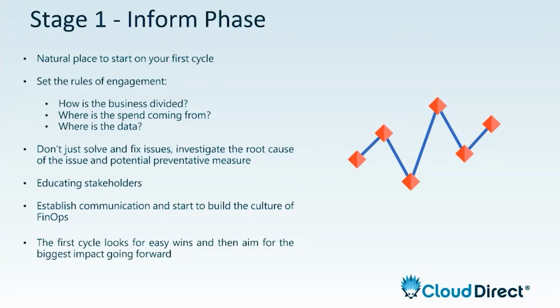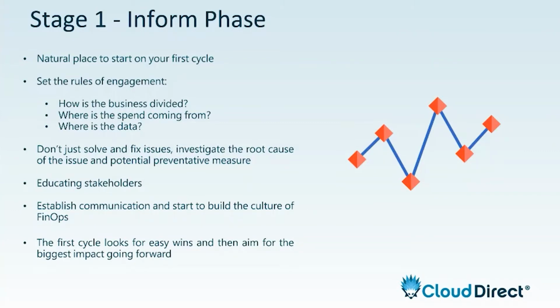One point that is often misunderstood in the inform phase is that it's not just looking at the data and analysing it, as to be honest, that is probably more of an accounting process than a FinOps process. What we need to do is really drive back, and it's about educating everybody in the business on this point, and go back to find the core issues that are driving the results in our data analysis, and pass on this knowledge to the teams so that we can solve these going forward.